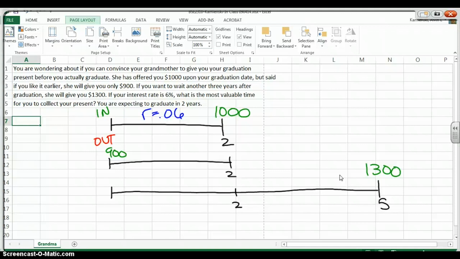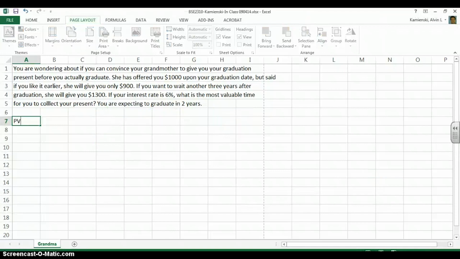So now let's go ahead and key in our standard 5 variables: present value, future value, payment, rate, and time. Let's think of them as having 3 different opportunities. You have your now opportunity, you have your graduation opportunity, and you have your graduation plus 2-year opportunity.